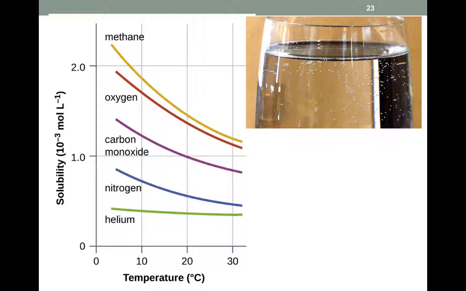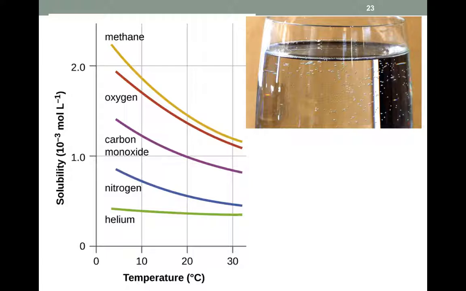Here we have a solubility chart for 5 gases, and you'll note that for each one, as temperature increases, solubility decreases. That's because both the solvent molecules and the solute molecules have more energy as temperature increases, so more of the gas molecules have enough energy to escape the surface.